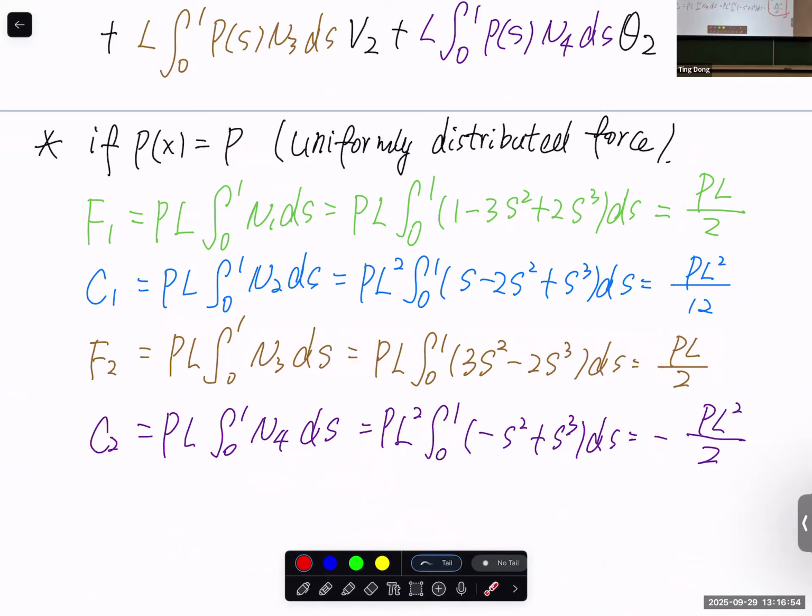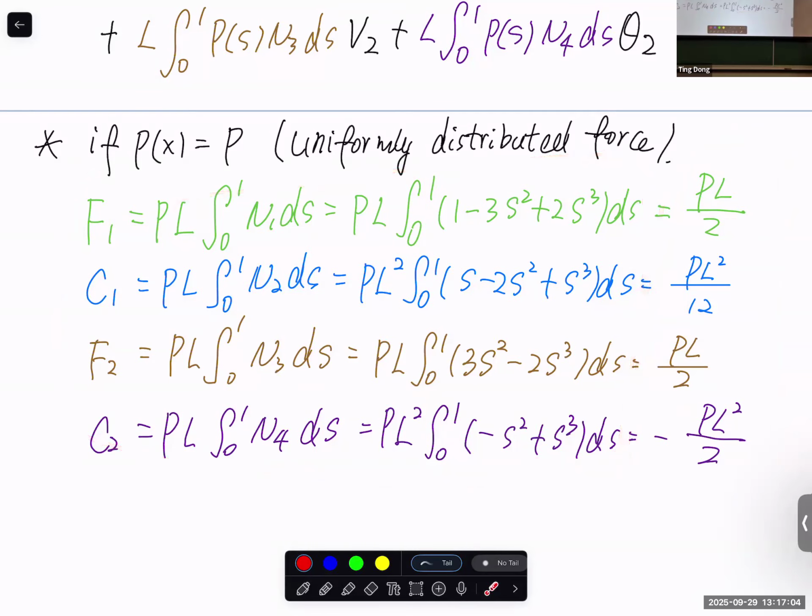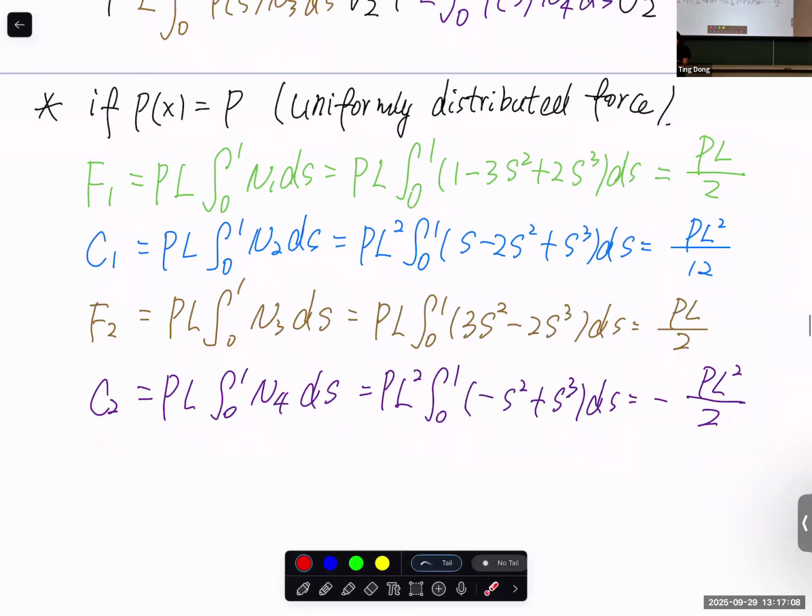So if you see a distributed force equal to P, you can use this one directly. You do not need to derive this whole thing by yourself. So these are the equations you can use directly. Yes, thank you.